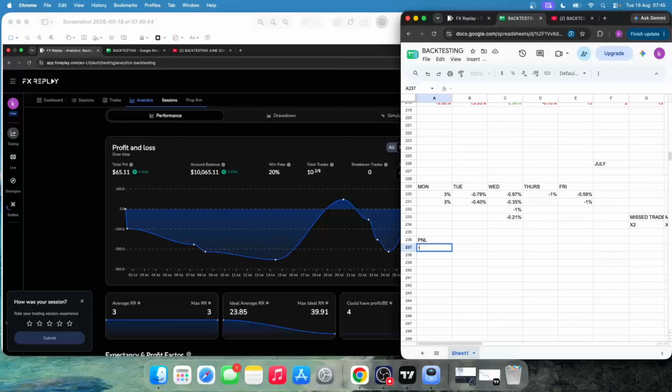So it's in 65 profit, would it be minus 100? Minus 40 something. 65 minus 100. Minus 35. Minus 0.35%. Win rate. So that's a 20% win rate. See if I did another trade.